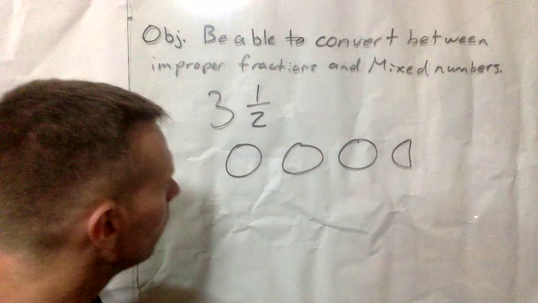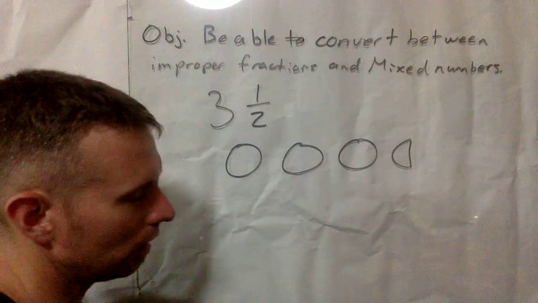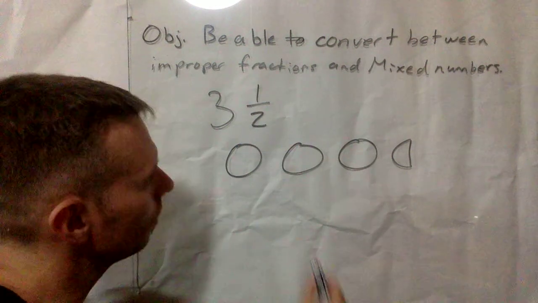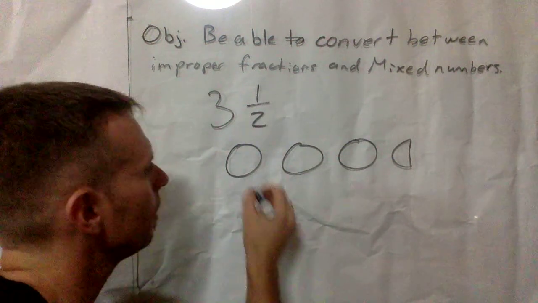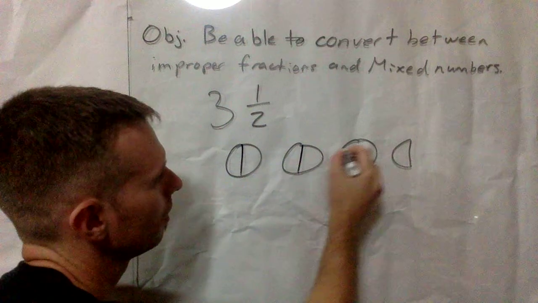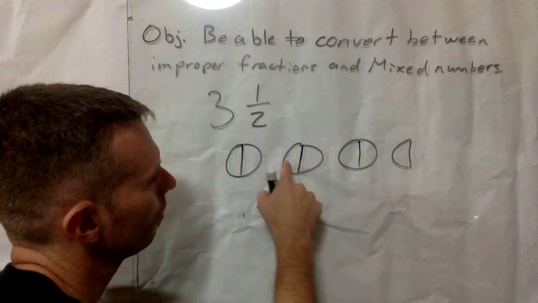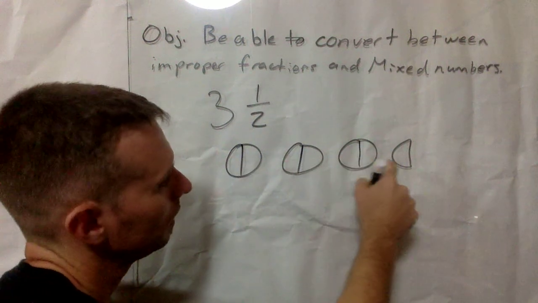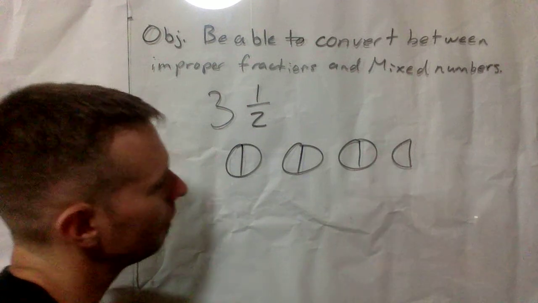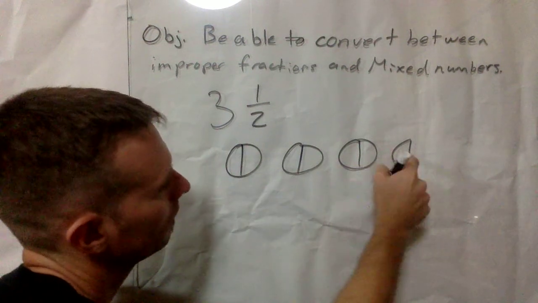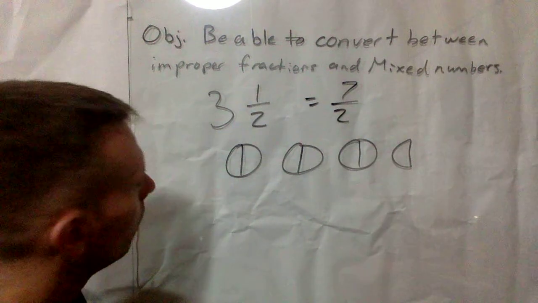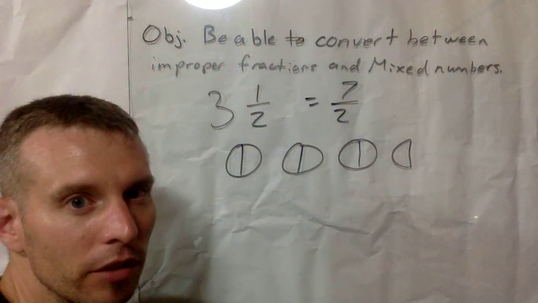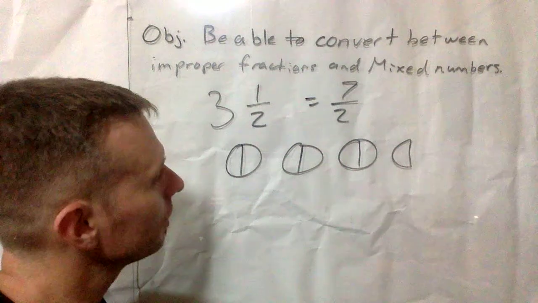In an improper fraction, you keep this denominator and figure out how many halves that really is. It's 1, 2, 3, 4, 5, 6, 7 halves. So 3 1/2 equals 7 halves.